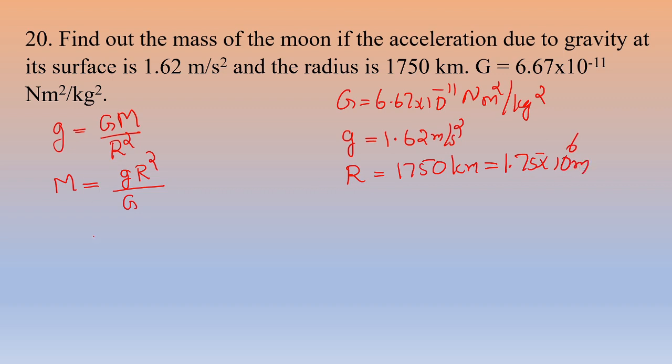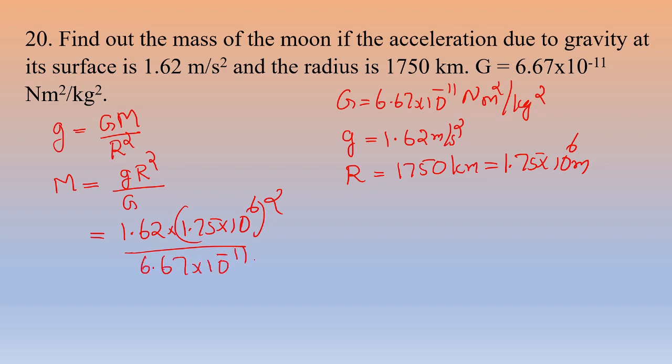So let us substitute all these values. M is equal to 1.62 into (1.75 into 10 raised to 6) square divided by capital G, that is 6.67 into 10 raised to negative 11.